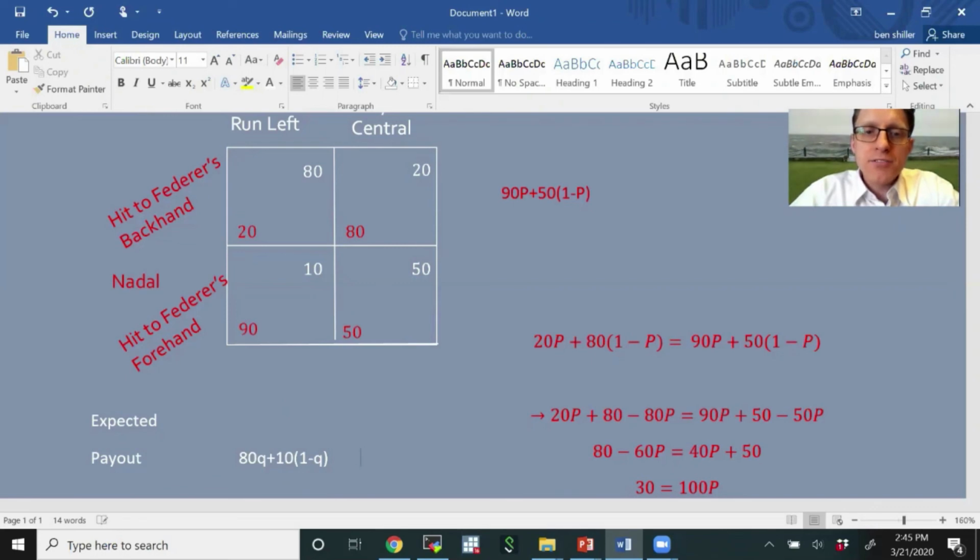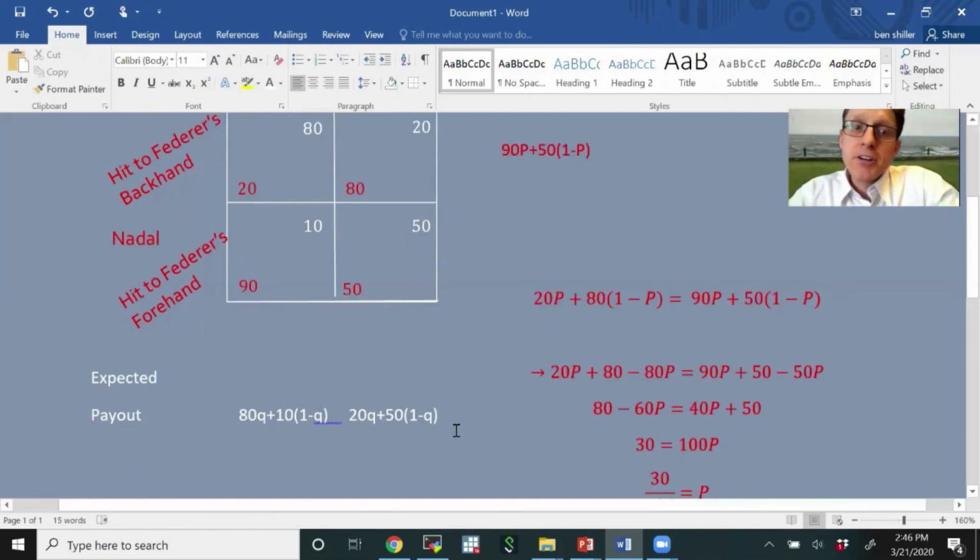Now we're going to want to do the same thing, find Federer's expected payoff, but under his other strategy of staying central. If he stays central and Nadal hits to Federer's backhand, then Federer's payoff is 20. Of course, Nadal hits to Federer's backhand with probability Q. Let's add to that Federer's payoff if Nadal chooses his other strategy, hit to Federer's forehand, in which case Federer's payoff is 50, times the probability that Nadal chooses that strategy.